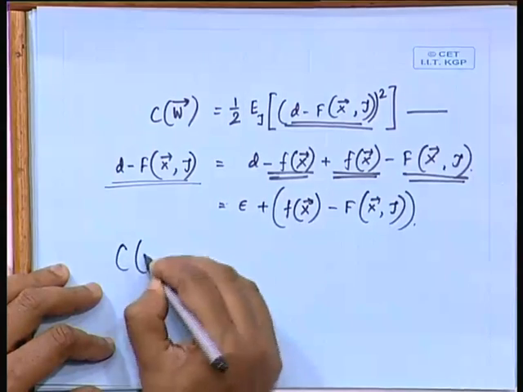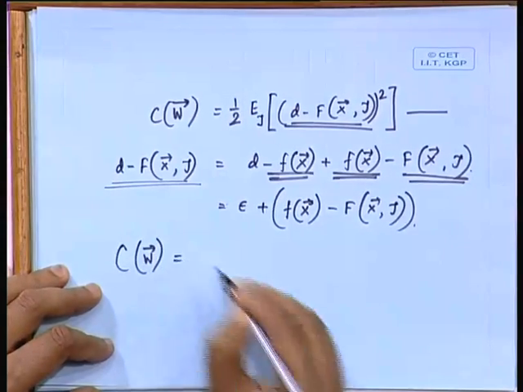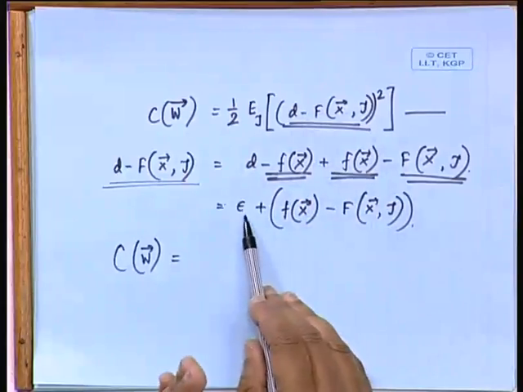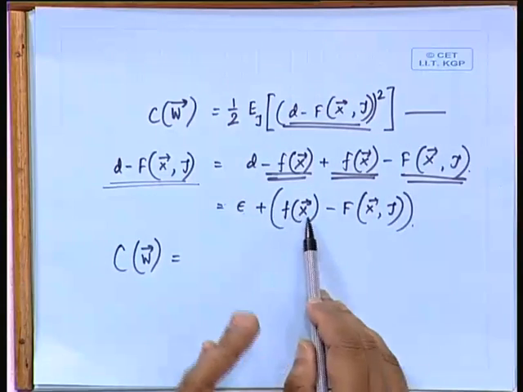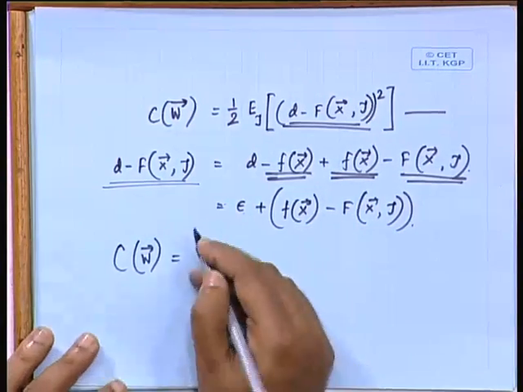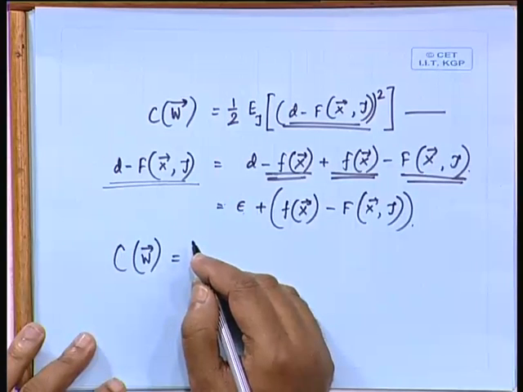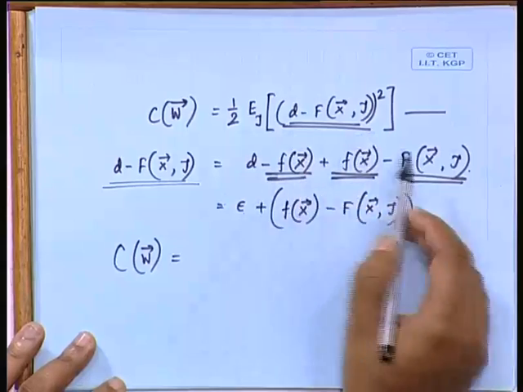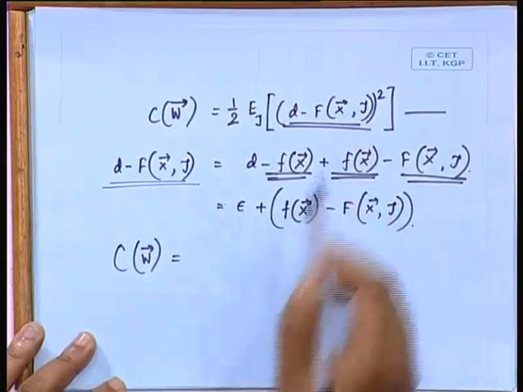Instead of d minus F, we write epsilon plus f(x) minus F(x, T), and that leads to many quantities, in fact, this plus this whole square form.